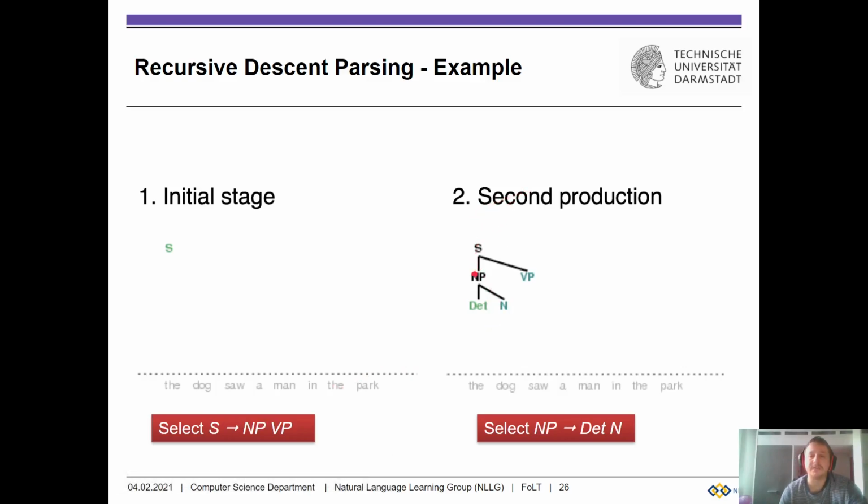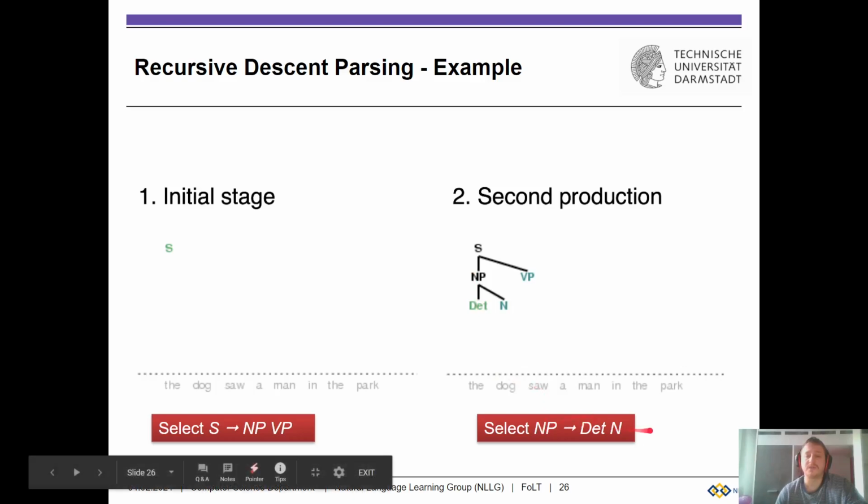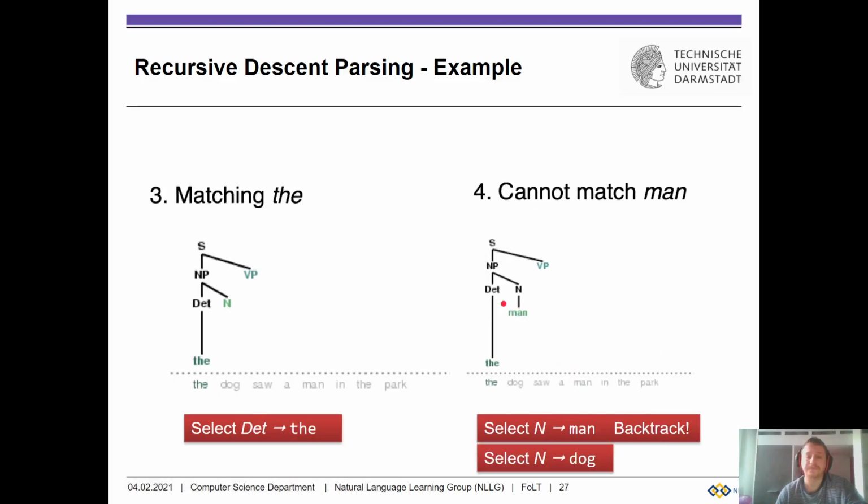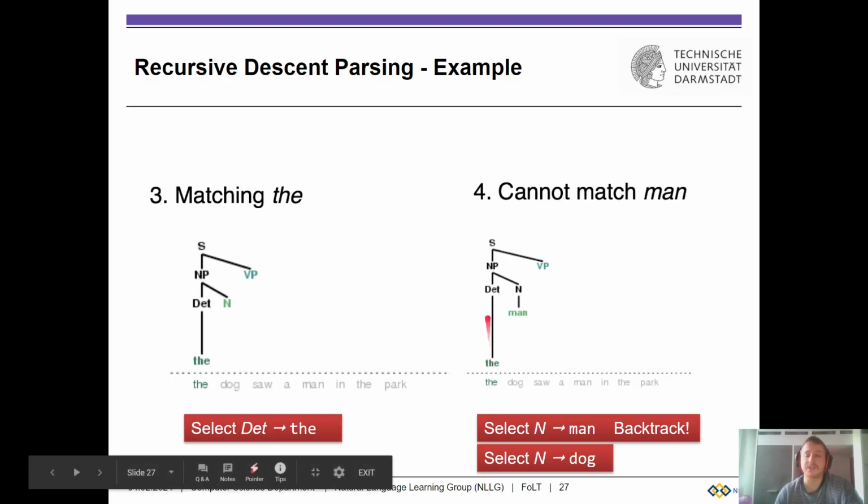We say S expands to NP VP. Now we have our subordinate goal to do something meaningful with NP. So let us choose NP goes to determiner noun. Then for determiner, we select the, and we check whether we have such a rule in our grammar, and indeed we do, so we have matched it, so we're doing fine.